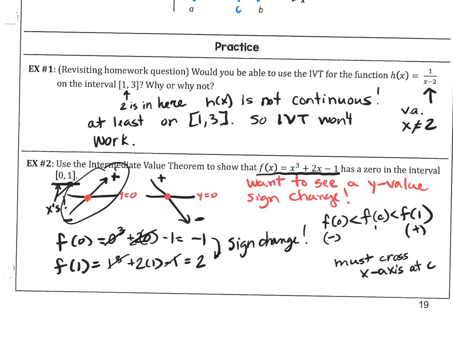In other words, this is going to be where it's 0. Somewhere in between there, intermediate between the two, it has to cross the x-axis, doesn't it? Which means 0 has to be somewhere between that negative and that positive. You cannot get from a negative number to a positive number without going through 0.